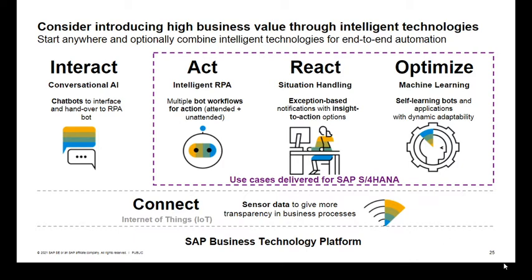Now, when we look into intelligent technologies, there are several areas that we are introducing. Some of those have already started over the past years, and we are building this stronger and stronger. So there's, for example, conversational artificial intelligence, where we are making chatbots available to interface with the user, to make day-to-day life easier and more intuitive to work with the system.